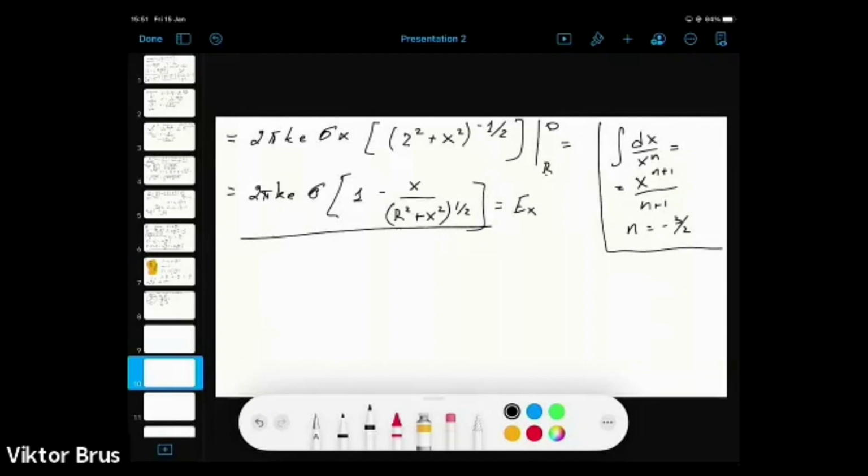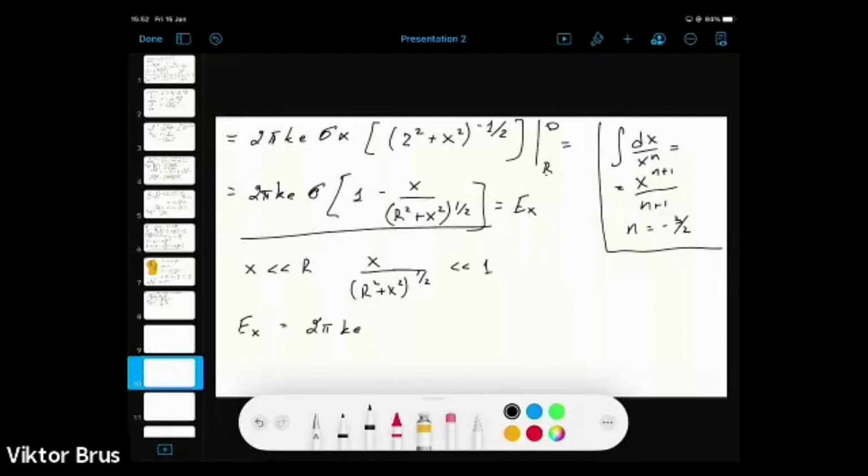And what is interesting, now if we consider that x is much smaller than R, so this point P is located very close to the disk, in this case, we can write that the second term in the parentheses, x divided by the square root of R squared plus x squared, will be much smaller than unity. That's why we can neglect this component, and our resultant electric field will be 2 pi k e sigma.